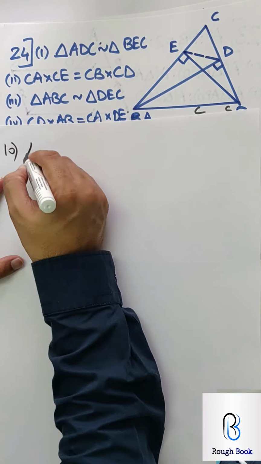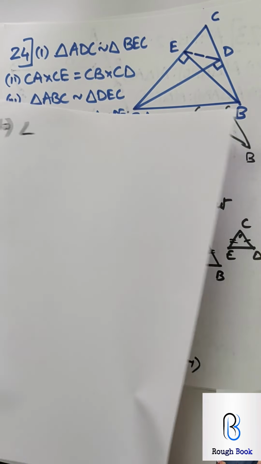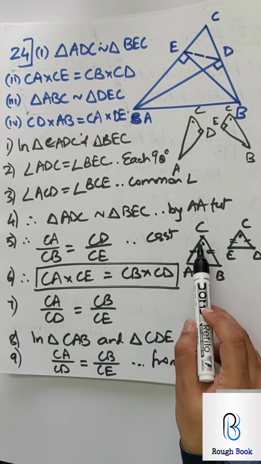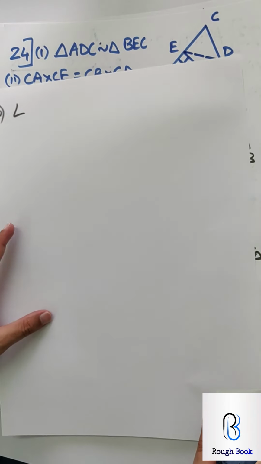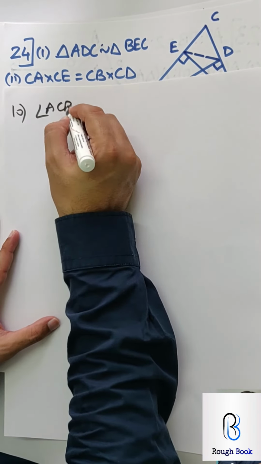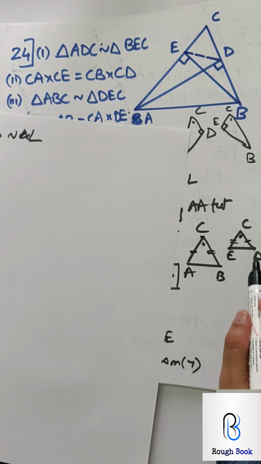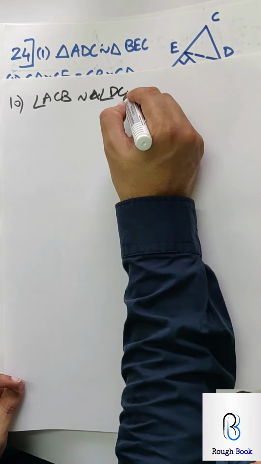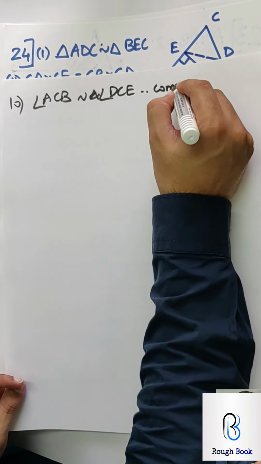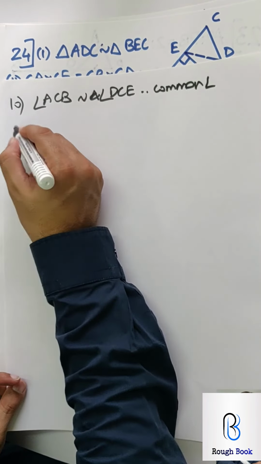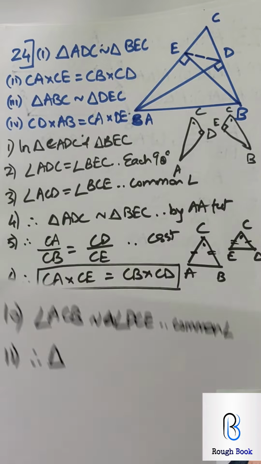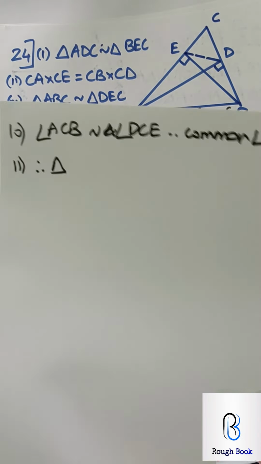So statement number 10, I will say angle. What is the angle? ACB and DCE. So angle ACB is equal to angle DCE. Common angle, and therefore I can state that the two triangles are similar, CAB and CDE.